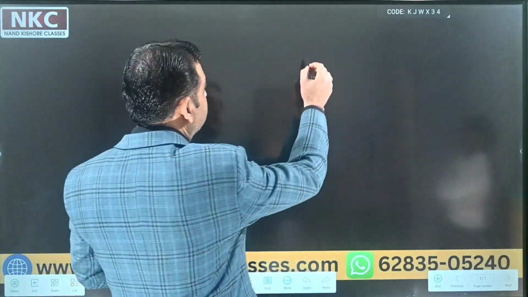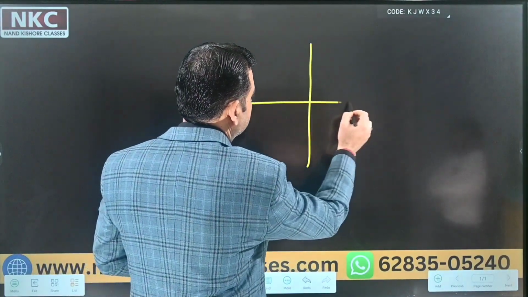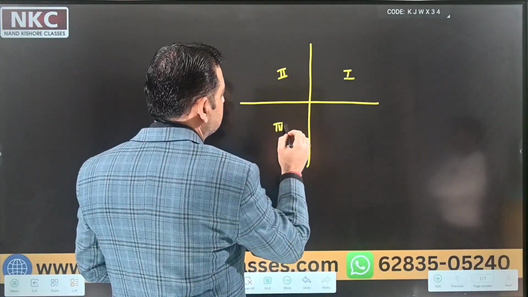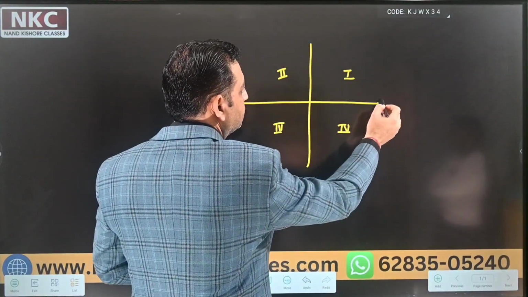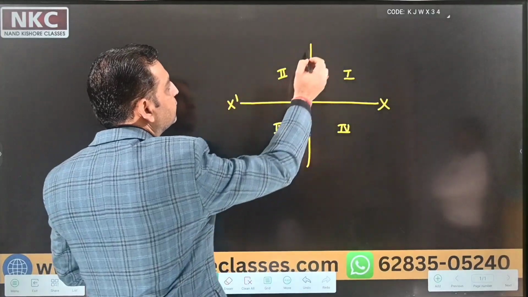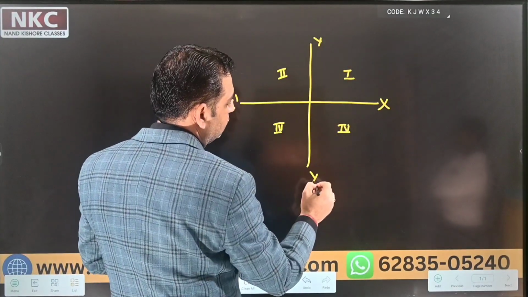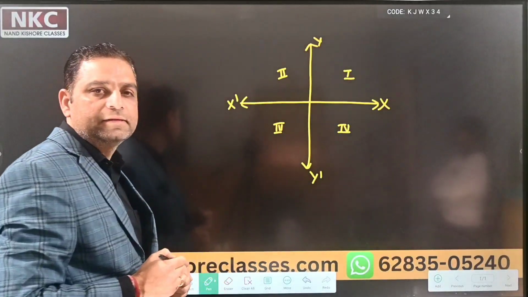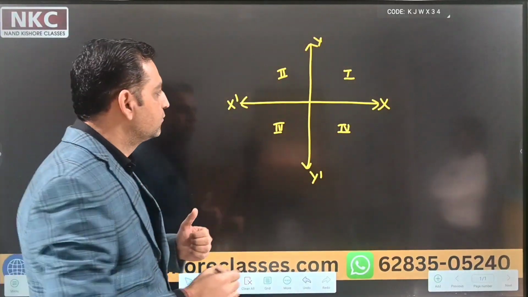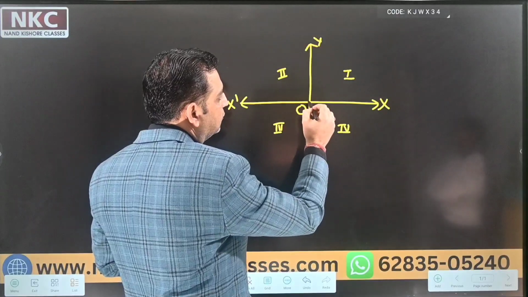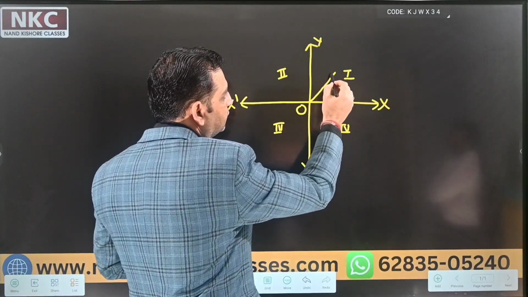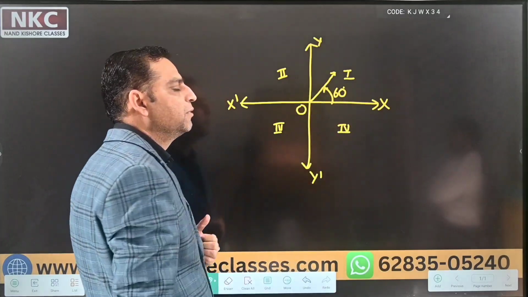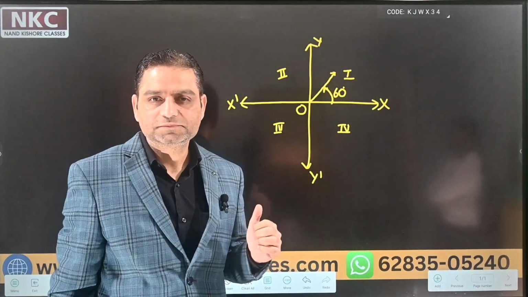Let's suppose we have these four quadrants, quadrant 1, 2, 3, and 4. This is my x-axis, this is my y-axis. Now let's suppose my angle is 60 degree from origin. This is my angle which we measure anti-clockwise.